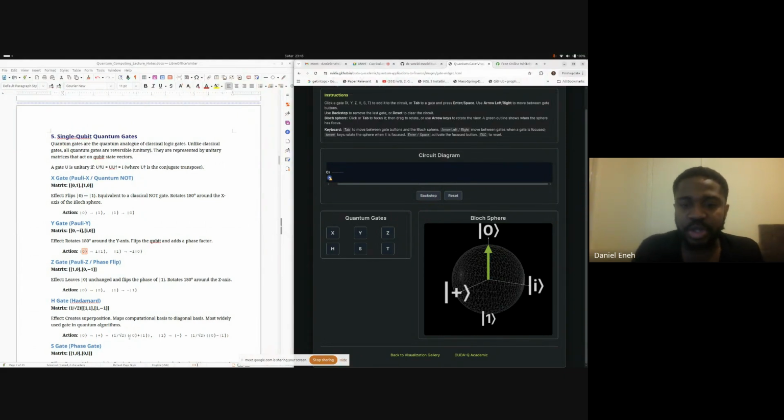So the H gate introduces that superposition concept of the qubit. And we know that this means it can either be a 0 or a 1 with a probability of 50-50%, and with a phase angle of 0.